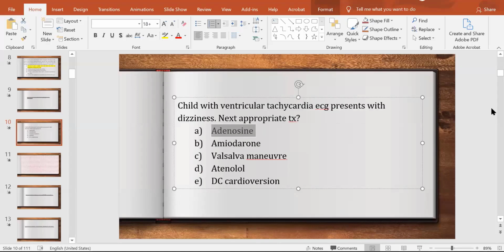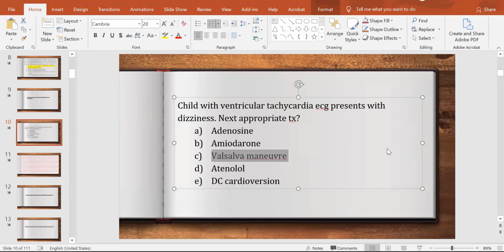Adenosine is used in supraventricular tachycardia, and the same goes for the Valsalva maneuver. Obviously, there is quite a lot of difference between SVT and VT. SVT occurs in your atrium. Ventricular tachycardia occurs in your ventricle.